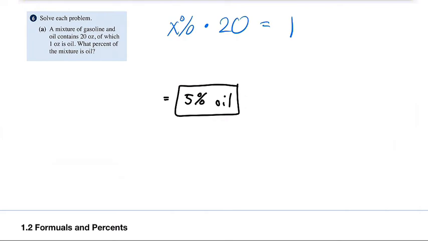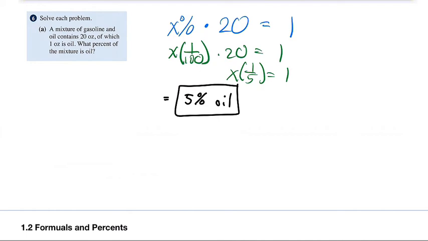So the percent we can usually do is going to be X times 1 over 100 times 20 equals 1. So now if we want to solve for X, since it's multiplication, you could say 20 over 100 reduces down to 1 over 5. So then we have X times 1 over 5 equals 1.